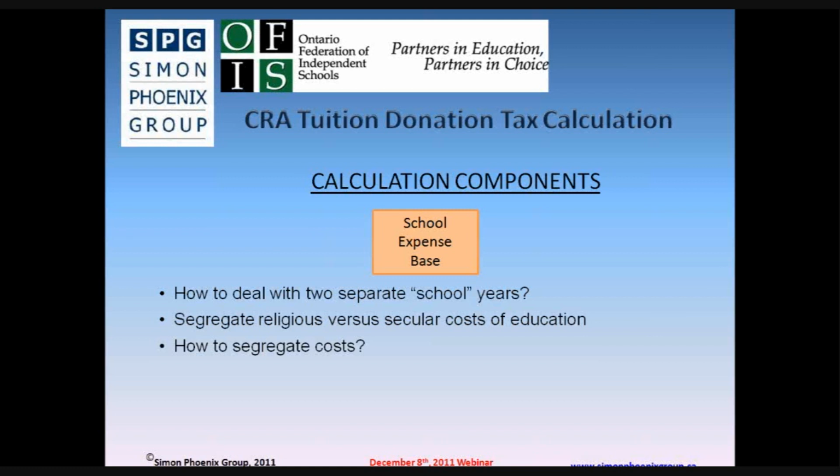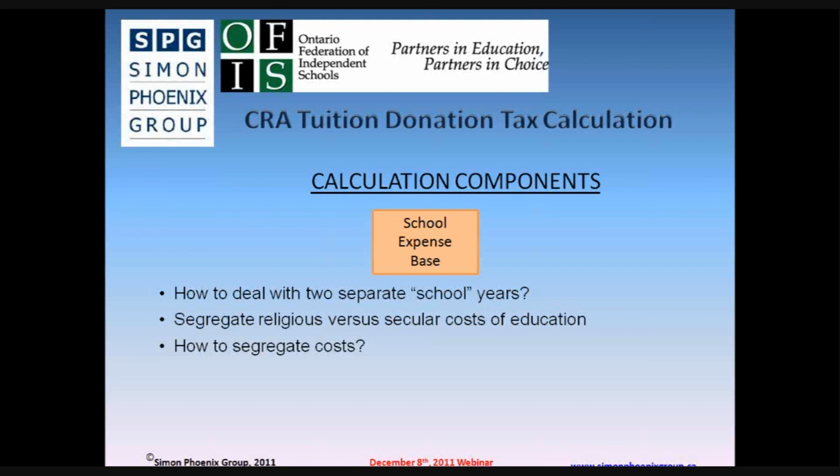Now, it stands to reason that a school whose religious and secular split is, let's say, 60-40, 60% on the religious side, 40% on the secular side, probably their payroll costs will mirror that.